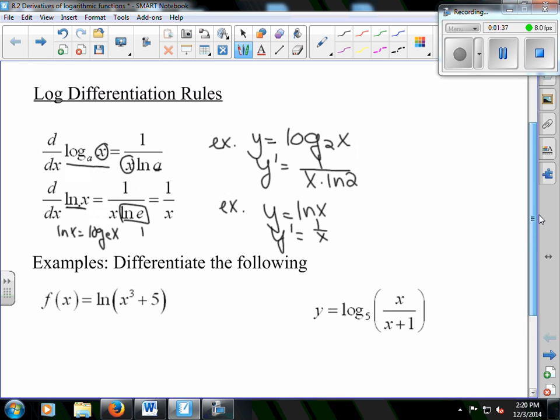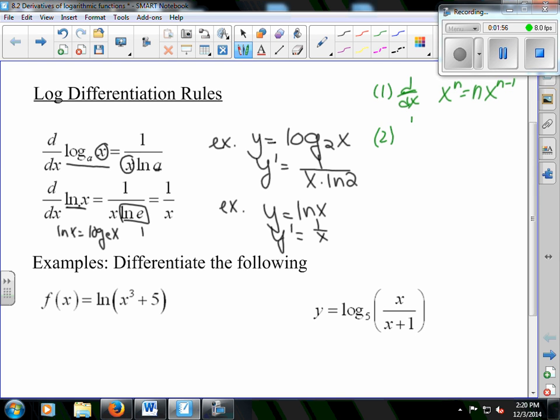And so to date, we have three formulas. Well, we have a lot of rules, but we have pretty much three formulas. One is the power rule, which says that the derivative of x to the n is nx to the n minus 1.